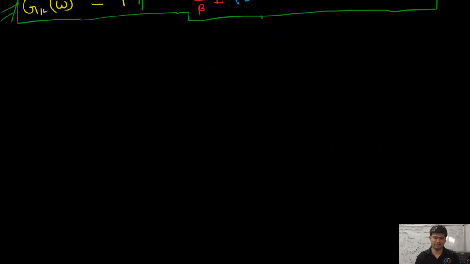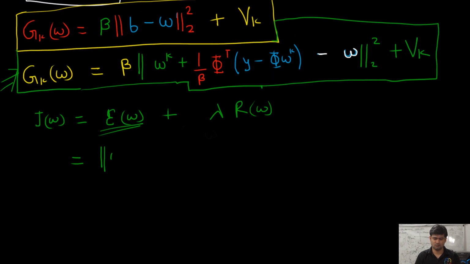So we had in the L1 norm regularized least square J(w) as E(w) plus lambda times R(w), where E(w) is replaced by the function norm of w_k plus 1 over beta times phi transpose (y minus phi times w_k) minus w, squared, plus some constant.